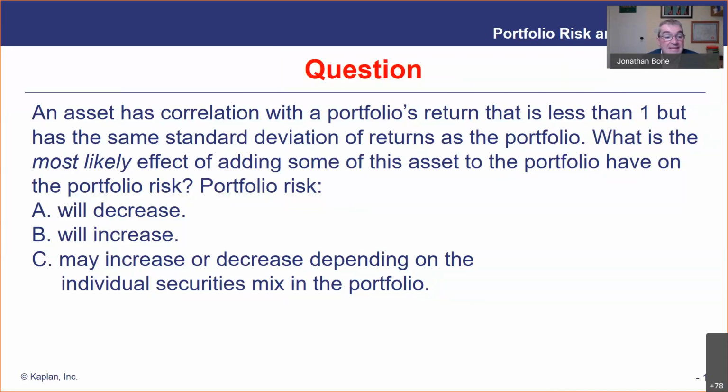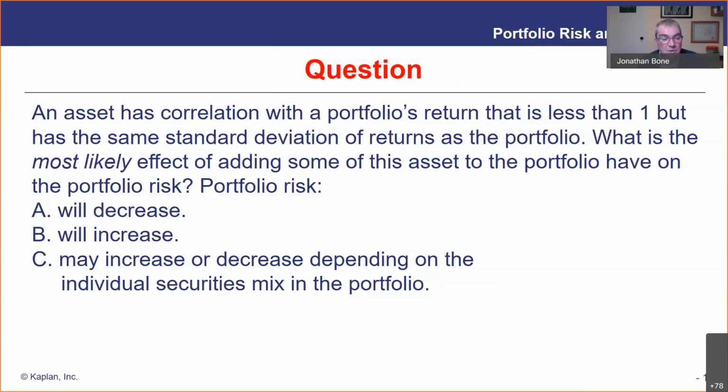Okay, but it says it has the same standard deviation of returns as the portfolio. So I'm going to combine an asset that has the same risk as my existing portfolio, but it's not positively correlated. What is the most likely effect of adding some of this asset to the portfolio on portfolio risk? Now, of course, a weak candidate will say, well, hang on a second, I'm combining an asset that has the same risk as the existing portfolio, and therefore my portfolio will be unaffected.